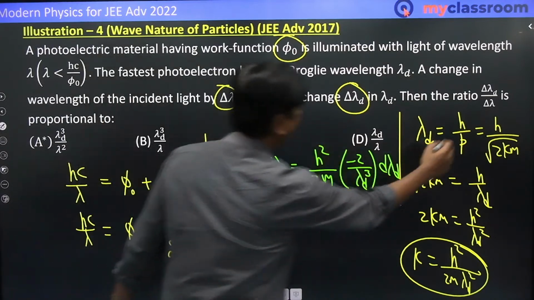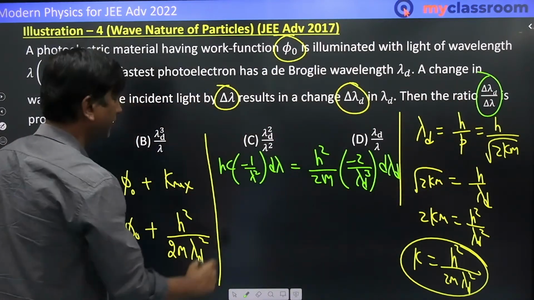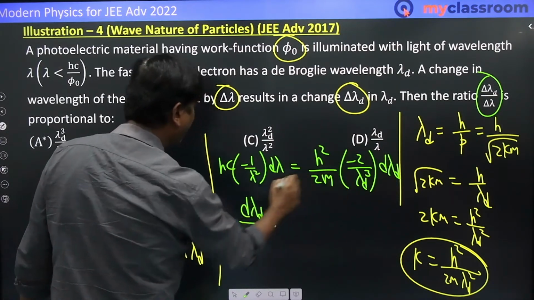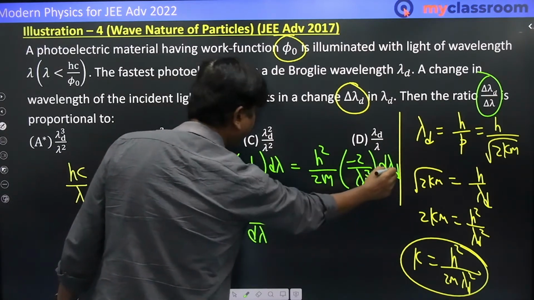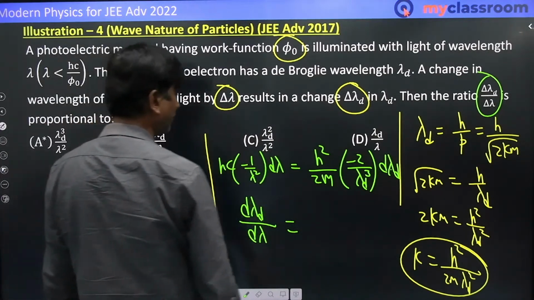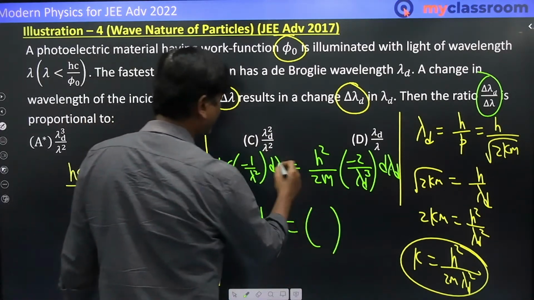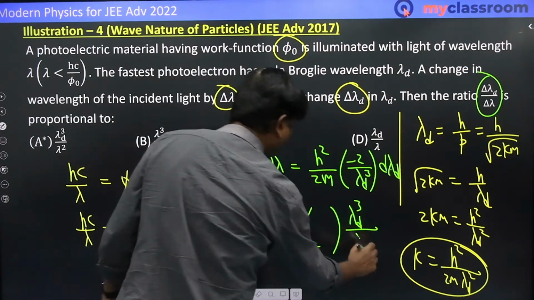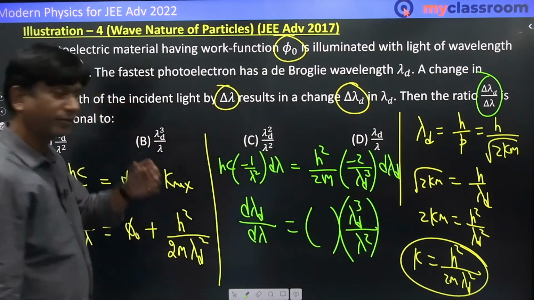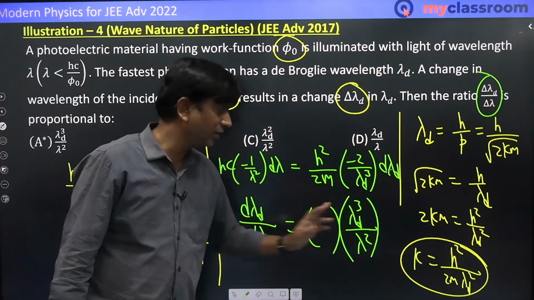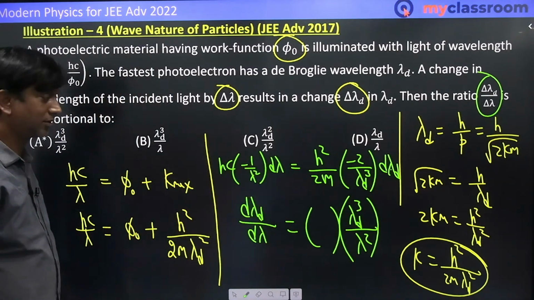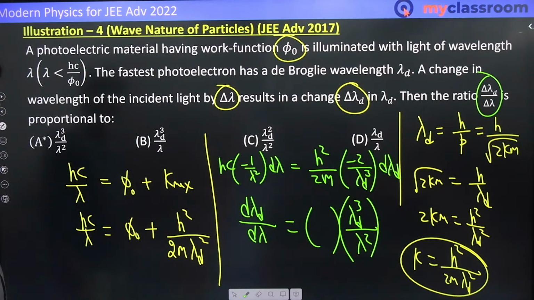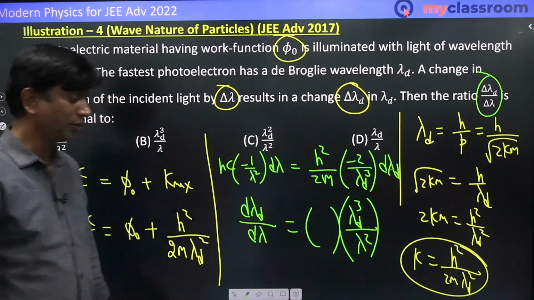They are asking for the change in lambda d, that means d of lambda d by d of lambda. D of lambda d by d of lambda is proportional to only, remaining all are constants, lambda d cube by lambda square. So de Broglie wavelength cube by incident wavelength square, lambda d cube by lambda square, that is proportional to just what we are talking about, right?